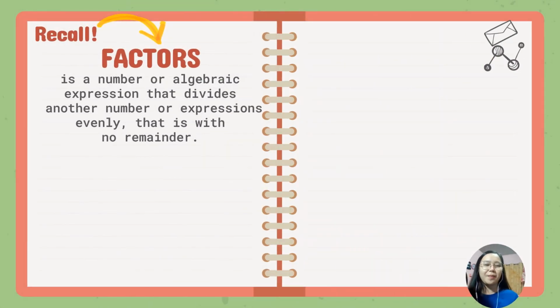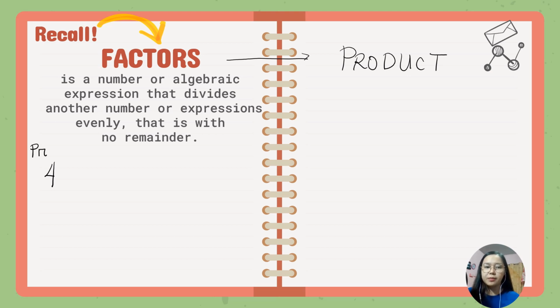Let us recall about factors. A factor is a number or algebraic expression that divides another number or expression evenly, that is, with no remainder. The opposite of factors is the so-called product. Let's say the given is 4. 4 is the product, so we need to find the factors.